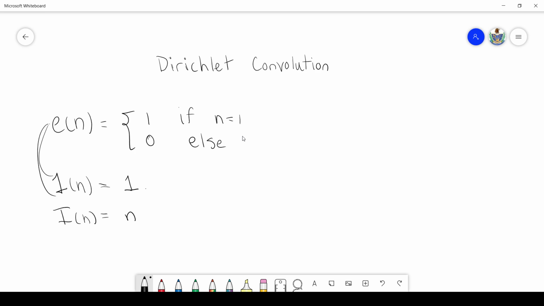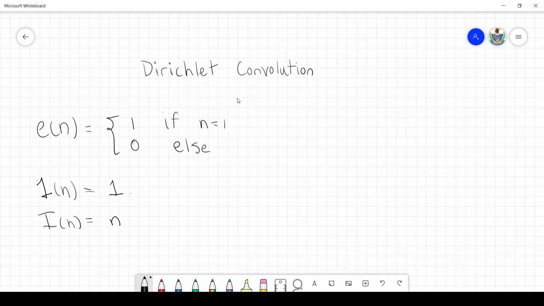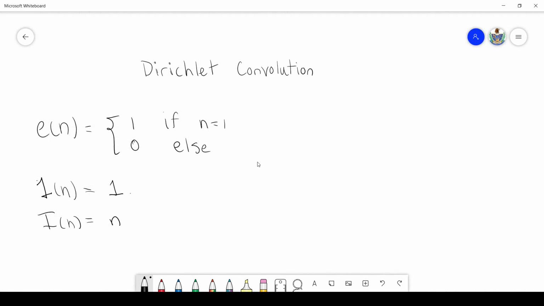All three of these functions are multiplicative. Actually, I guess the identity is multiplicative too. But anyway, that's not really important. These are just going to be some simple functions that we're going to use in this new exploration.